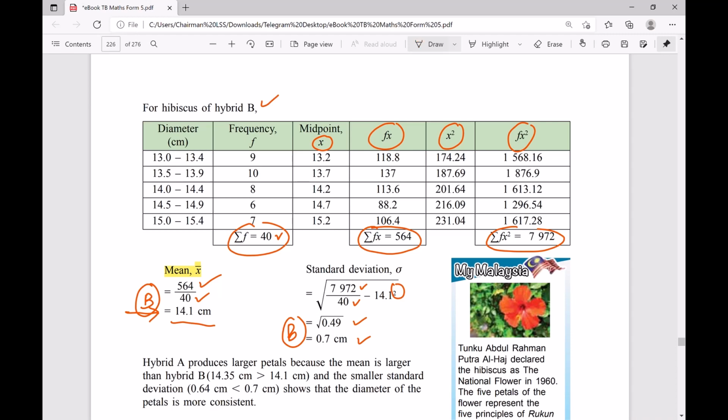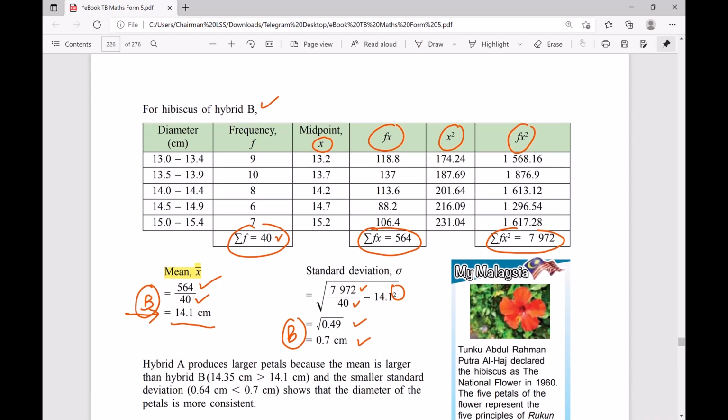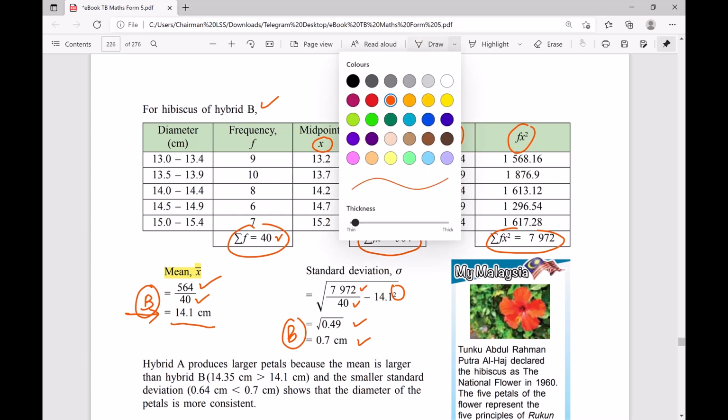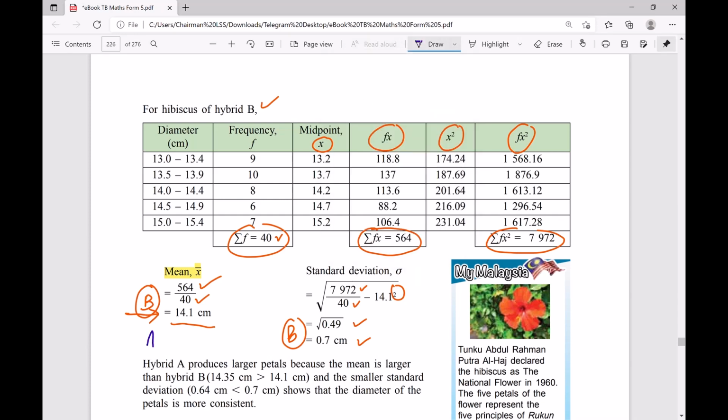So for hybrid A just now, the mean is 14.35 and your standard deviation is 0.64.